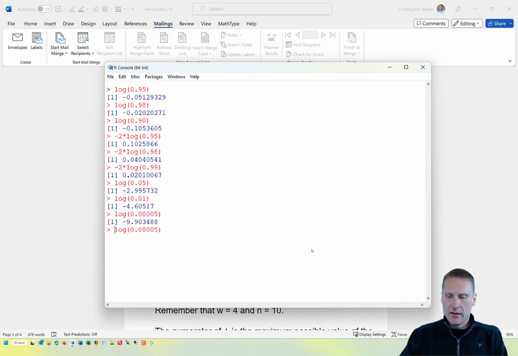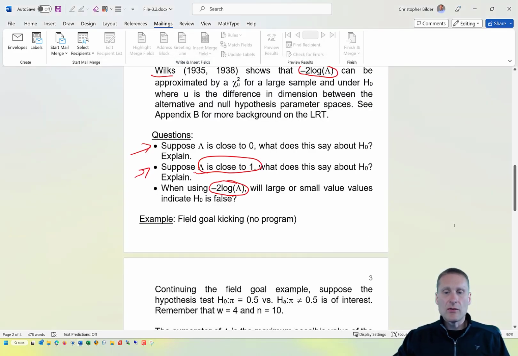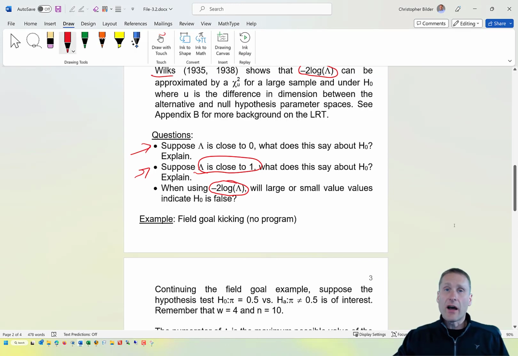And when I look at negative 2 times that, we can see now we're increasing. So when I have evidence against the null hypothesis, my negative 2 log lambda statistic goes up. So I should reject H0 if I have a large negative 2 log lambda value. How large is large? Well, let's use the 1 minus alpha quantile from a chi-square distribution as our critical value.